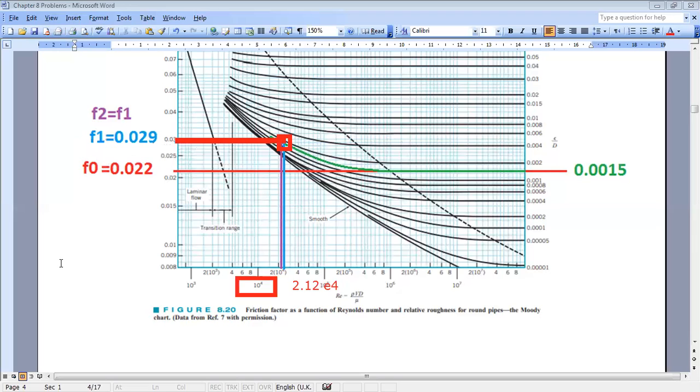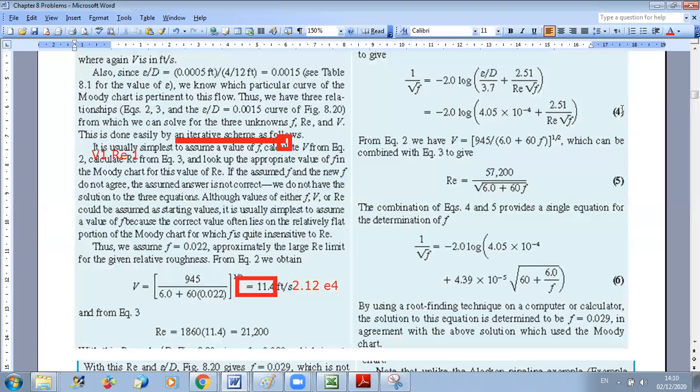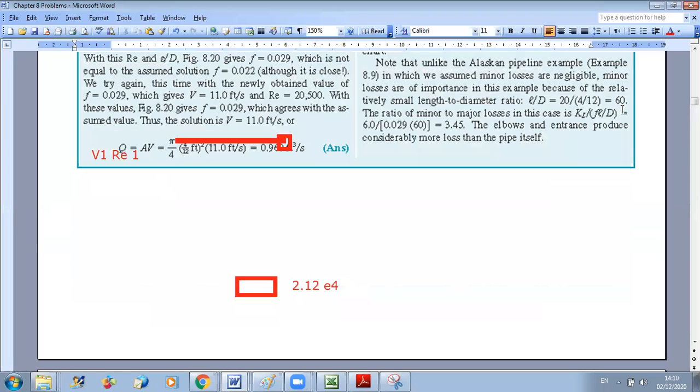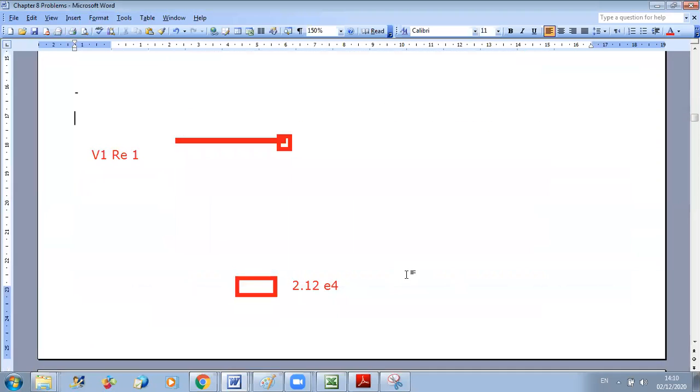Okay, so let us see what the result of the calculation was. What was the new Reynolds number? When they plugged into the relation, they obtained a new value for Reynolds.